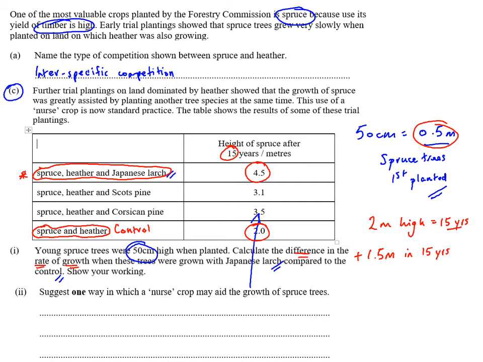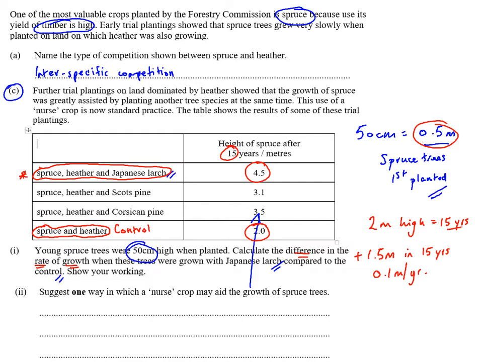Now if we divide 1.5 by 15, we get the growth per year. So 1.5 divided by 15 is 0.1 meters per year.